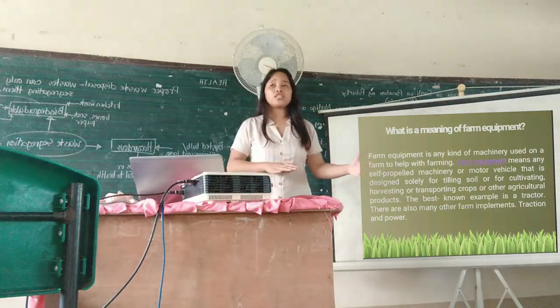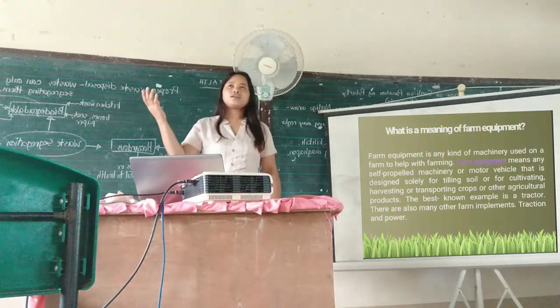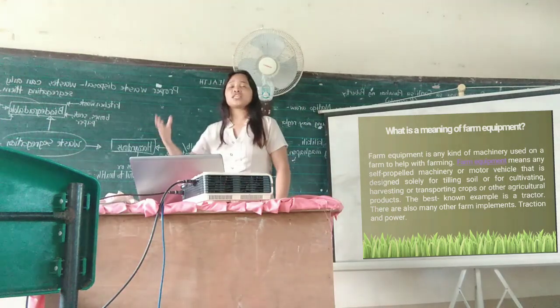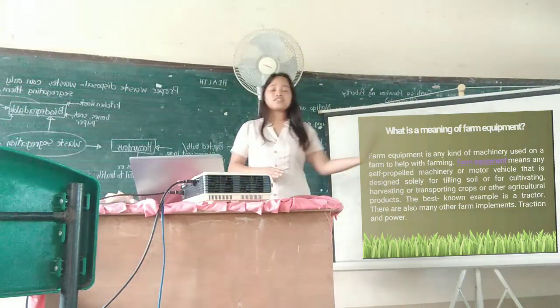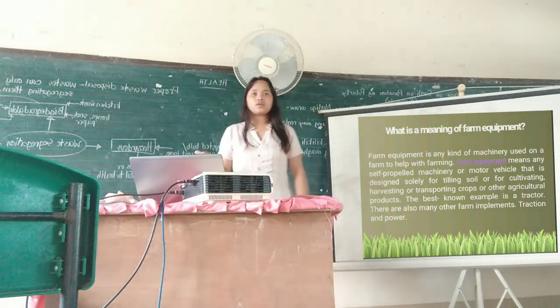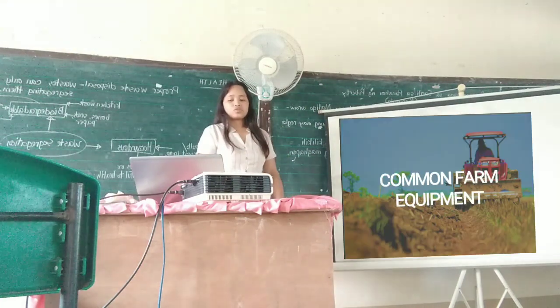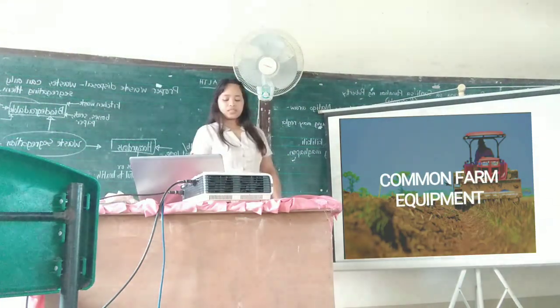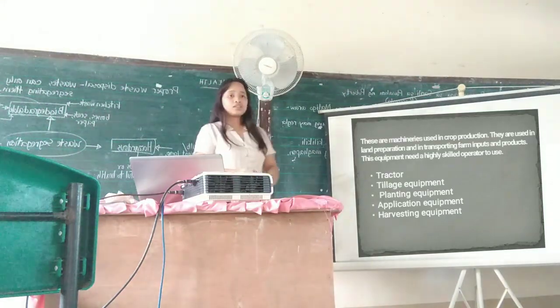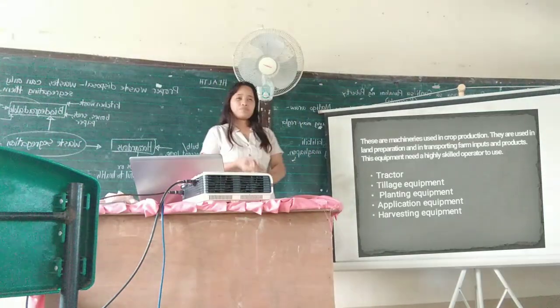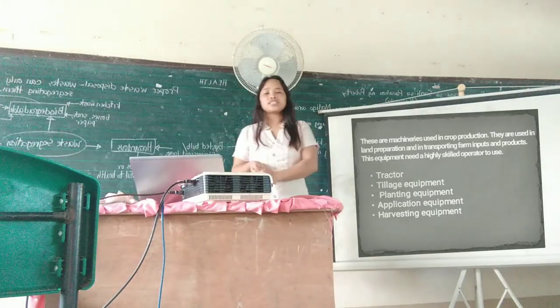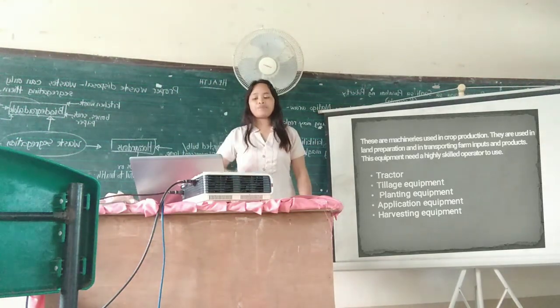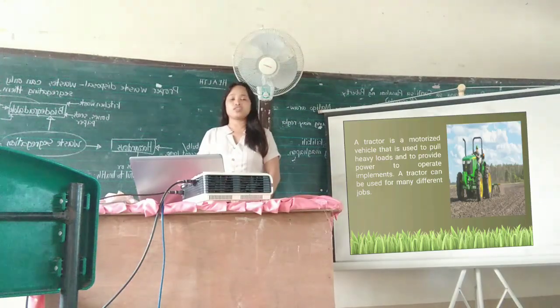But there are also different farm equipment present in farming, which we will tackle later on. Common farm equipment include the tractor, tillage equipment, planting equipment, harvesting equipment, and application equipment.